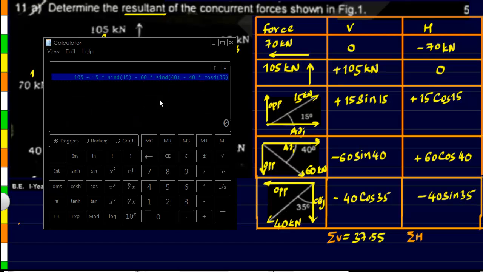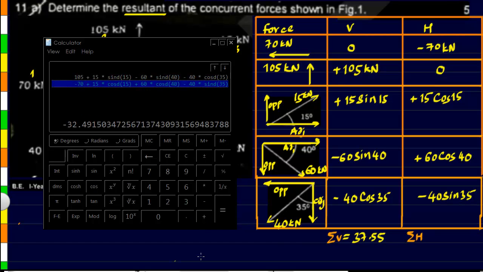Next, let us do the same for the horizontal component. So I'll have to take 70, that is negative, plus 15 cos 15, then plus 60 into 40 cos, and finally minus 40 into 35 sine.